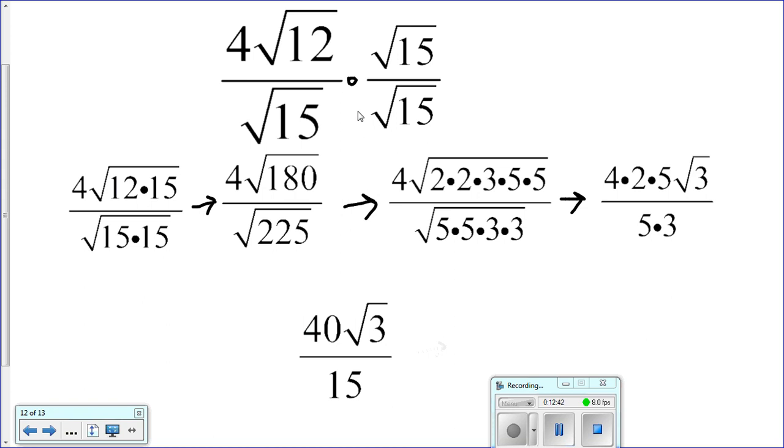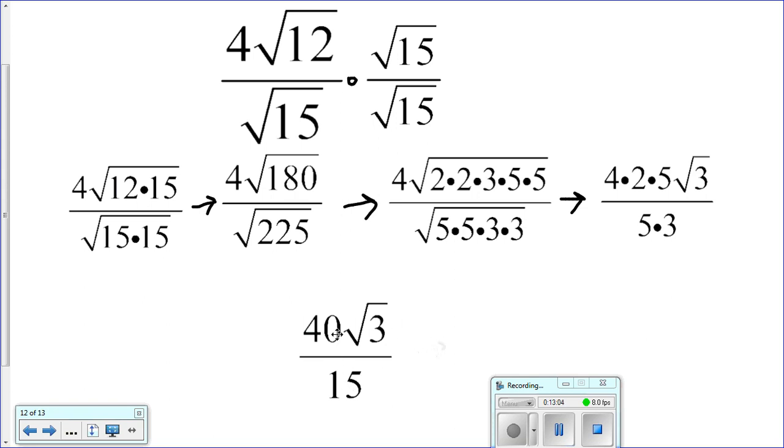Something I want you guys to look at really quickly. When we multiply the denominator by itself, the square root actually cancels out and we're left with what was under the radical, 15. So that could be your shortcut if you don't want to try to do this again. Okay? You could have also noticed the square root of 225 is 15. Okay? We'll talk about this more in class. Alright?